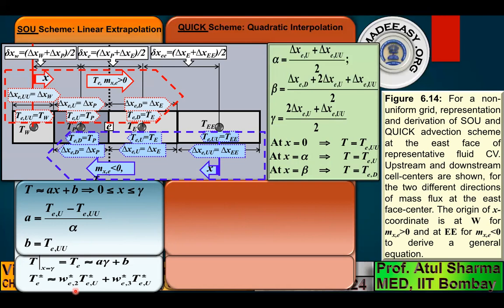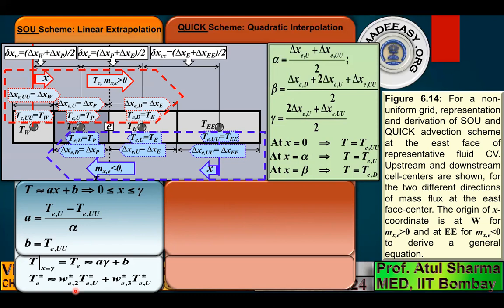When you move from east face center to west face center, the adjoining non-uniform grid distributions are different. So locally, at any face center, you will encounter a different type of non-uniform grid. So these weights become much more local in a non-uniform grid. They vary from face to face.